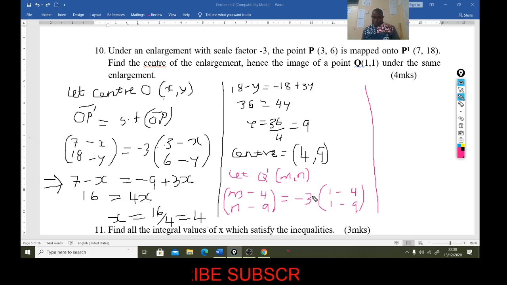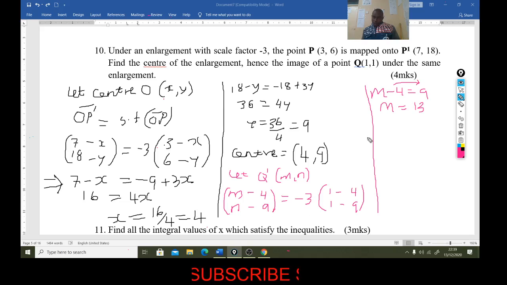Negative 3 times negative 3 becomes positive 9. So m minus 4 equals 9. I take this to the other side, so m equals 13, because this will be added.